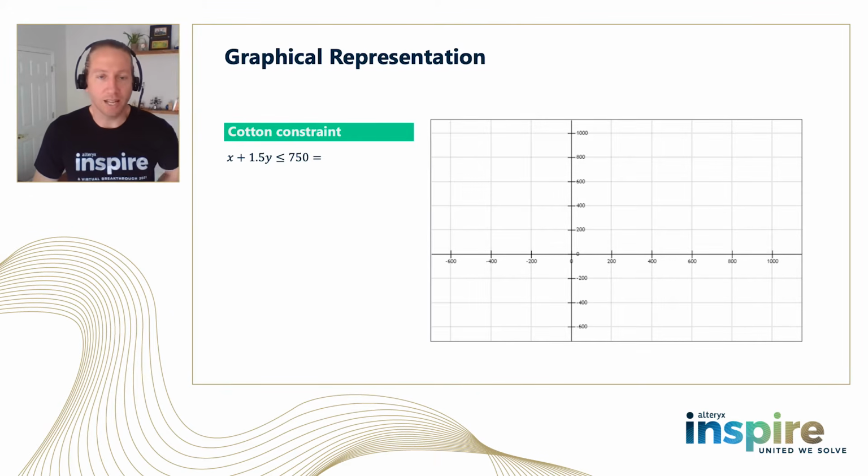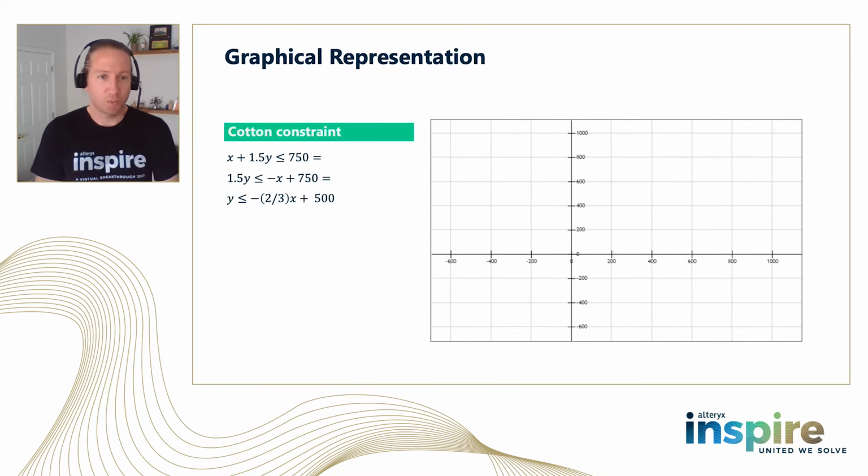And so now the exercise that we need to do is we need to convert our cotton constraint formula so that it takes the format of y equals mx plus b. If we can get it into the format for slope of a line, then we can plot it and we can visually represent that over on the right-hand side. That's going to be useful for understanding what the potential values for production are.